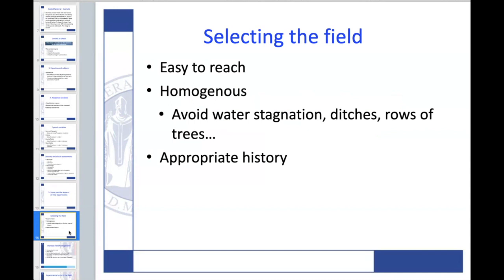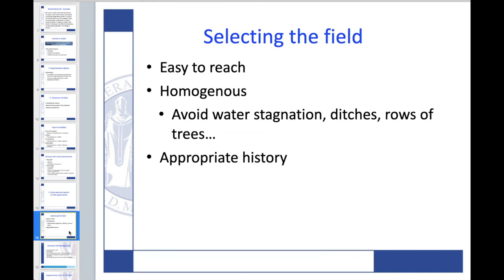And this is really easy to tell you. It must be easy to reach. It must be continuous. So we need to avoid every possible source of variation. Water stagnation, ditches, rows of trees. So we need to make sure that the field where we want to make the experiment is as homogeneous as possible.